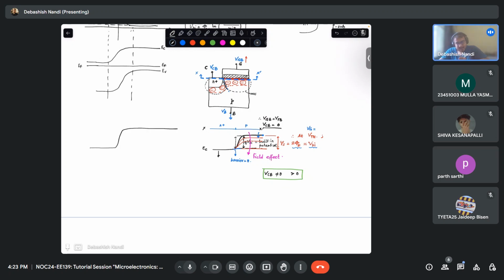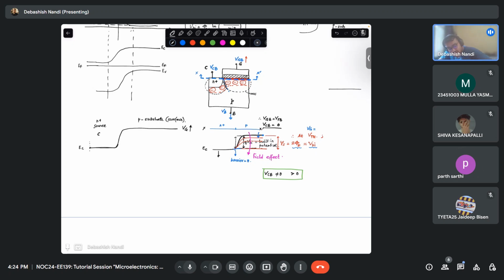You had this, let's say this is your EC. This was your N plus contact, for example the source, and this is your P-type substrate, at the surface. Now you are increasing your VG, and you have kept this VC constant.